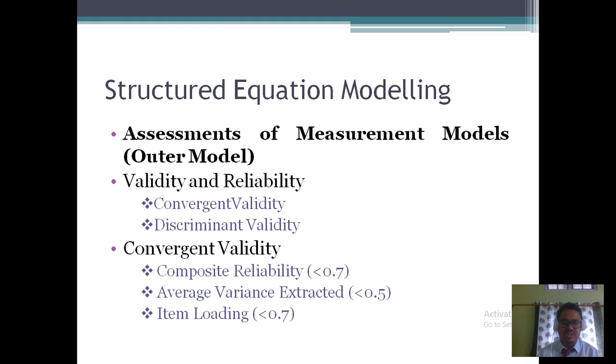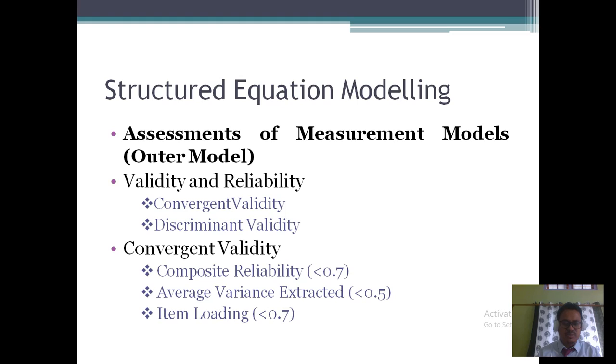Convergent validity can be established through three measures. One is composite reliability, average variance extracted, and item loading. For composite reliability, the computed value has to be greater than 0.7 as per rule of thumb. And secondly, the average variance extracted has to be 0.5 or greater.